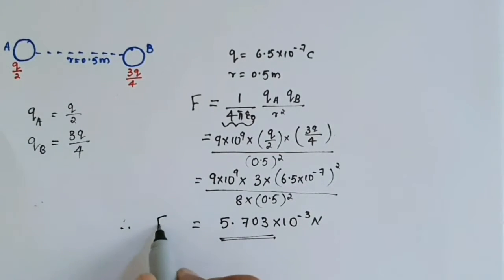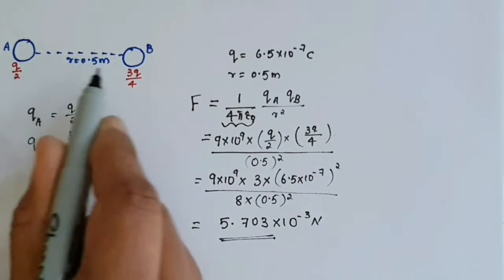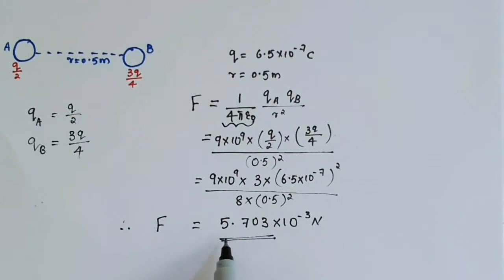Therefore, the new force of repulsion between these two spheres, F, is equal to 5.703 into 10 raised to minus 3 Newton.